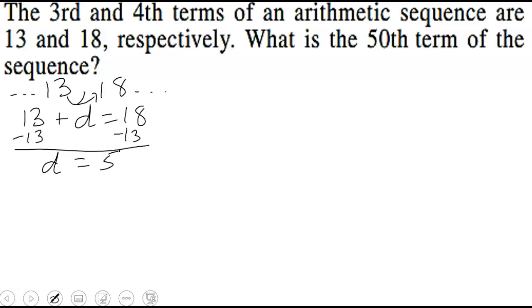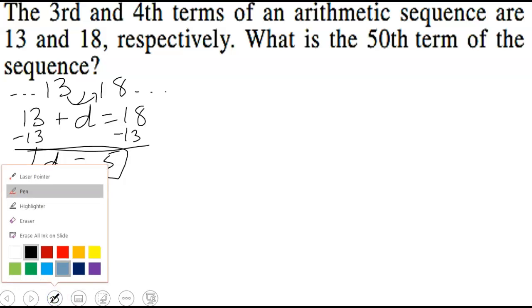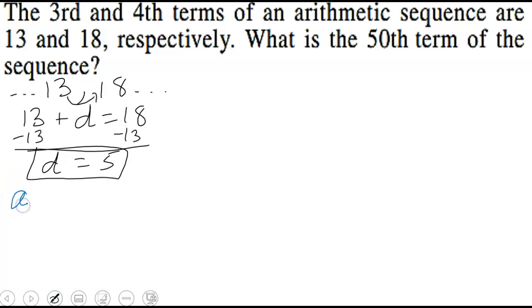If the common difference is 5, we need the first term. There's no way we can find the 50th term without having the explicit formula. So we need to find the first term to write our explicit formula. We have an equals a1 plus n minus 1 times d.